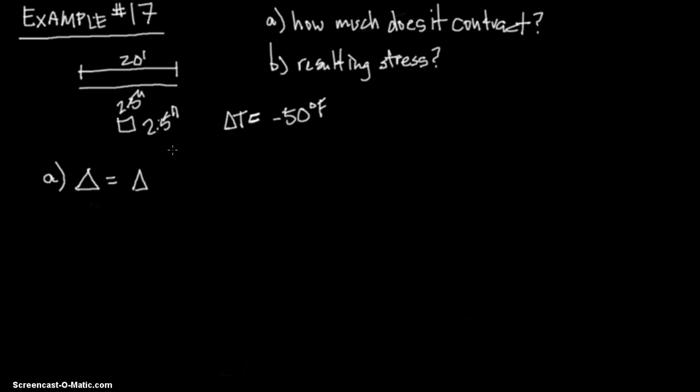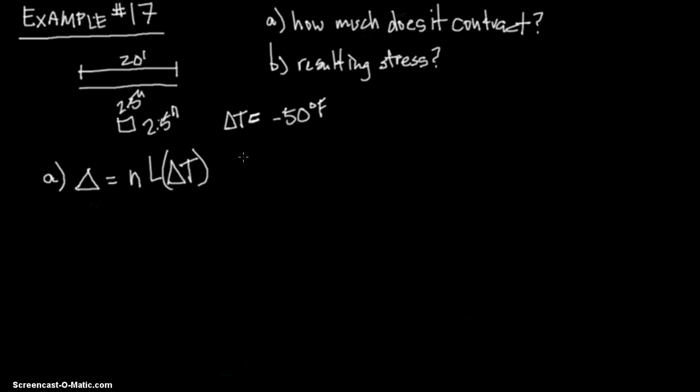I already put delta, equals alpha L delta T. Since I already called the temperature change delta T, we'll use delta T. That's how I have always done it; he used a small t instead of a delta T. L is your original length, and alpha is the coefficient of thermal expansion, which is given.